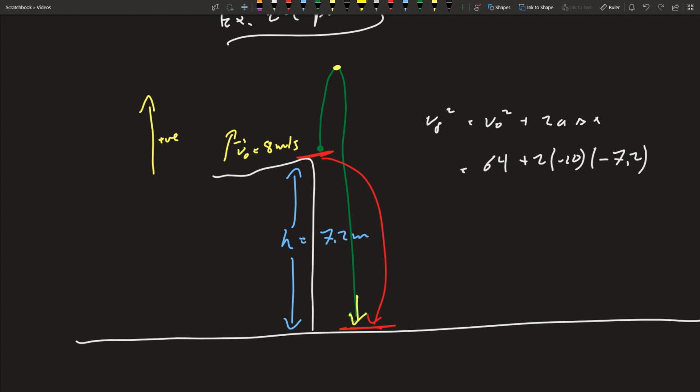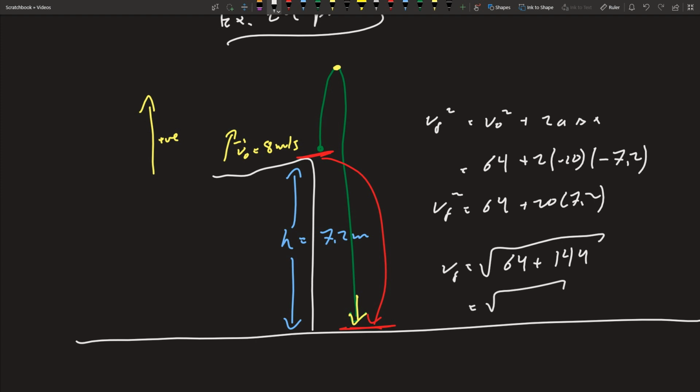So this is equal to 64 plus 20 times 7.2, and this is V final squared. That means V final is equal to the square root of 64 plus 144, which is 208, which is about 14.3 meters per second, right?